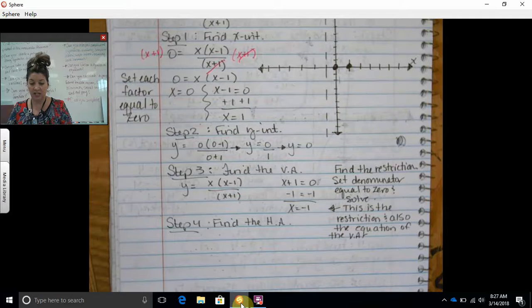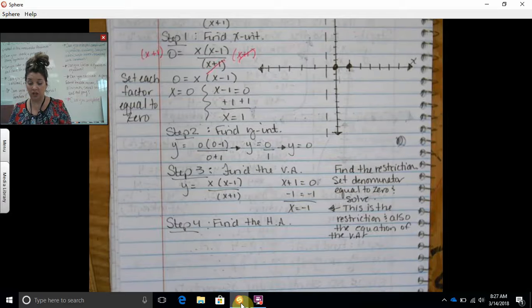The first arrow said if the degree of the numerator is less than the degree of the denominator. That does not apply to this problem. The second arrow says if the degree of the numerator is greater than the degree of the denominator, that's us, right? The numerator is greater than the denominator. Then the graph has no horizontal asymptote. It says nothing needs to be sketched in this case.